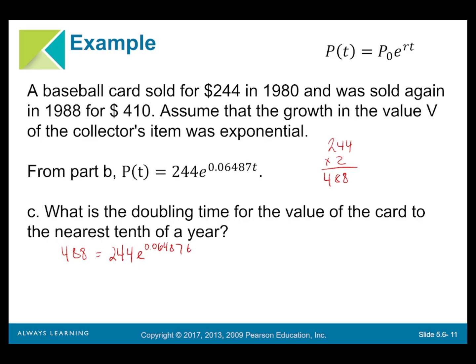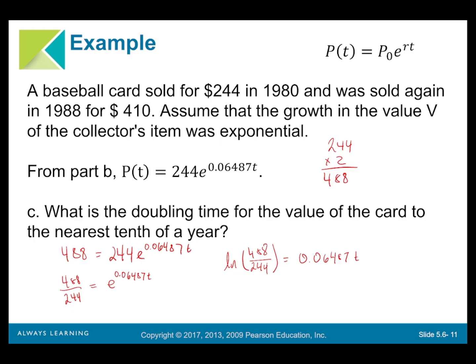So we do 488 divided by 244, which of course is just 2, but we'll leave it like that for now. And that's e to the 0.06487t. Now I take the natural log of both sides, and I get natural log 488 over 244 equals 0.06487t.